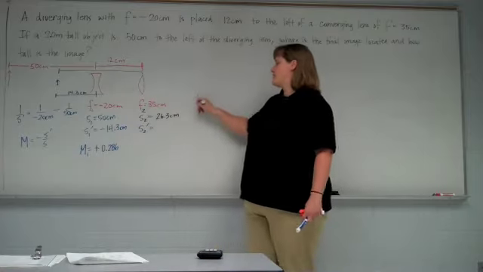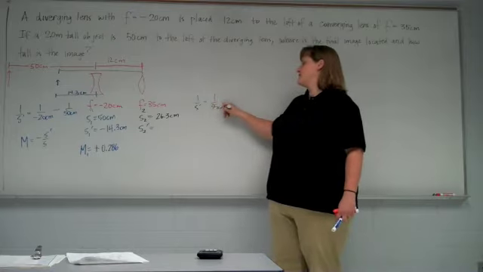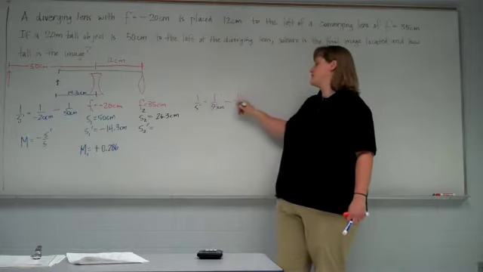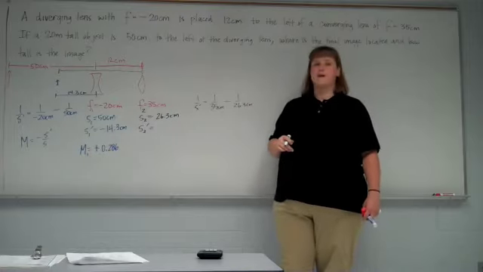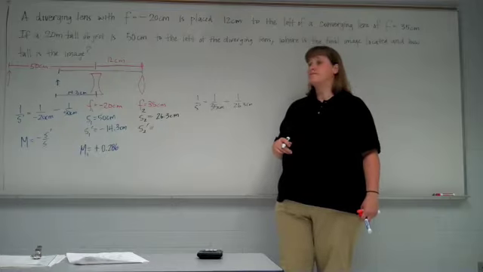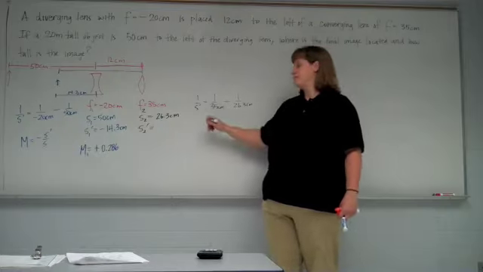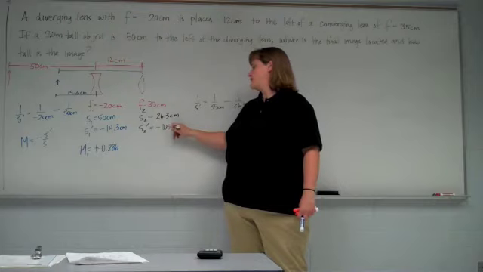So 1 over S prime equals 1 over F, which is 35 centimeters, minus 1 over S, which is 26.3 centimeters. What did you get for S prime? Negative 105.6 centimeters.